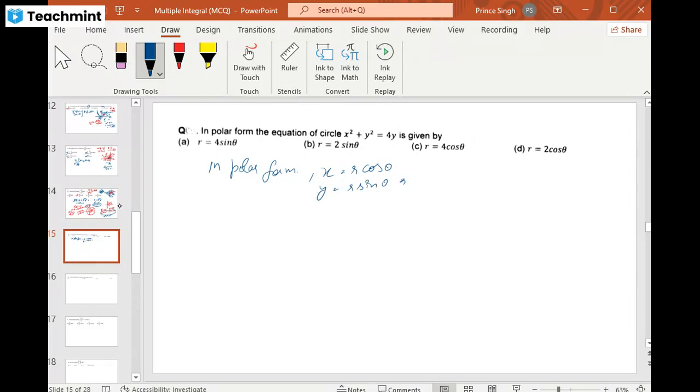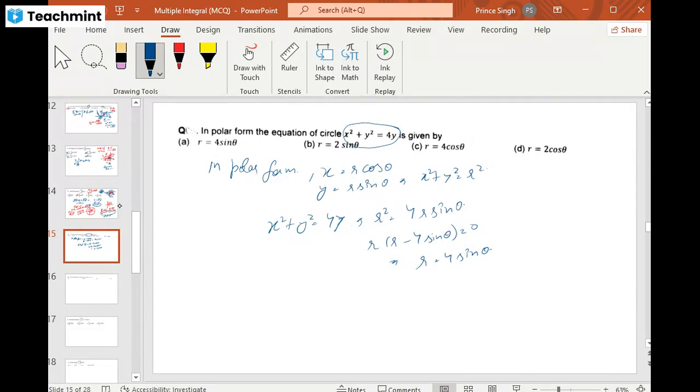So x square plus y square equals r square. Substituting, r square equals 4 r sin theta, so r is common: r minus 4 sin theta equals 0, or r equals 4 sin theta, because r should not be equal to 0.